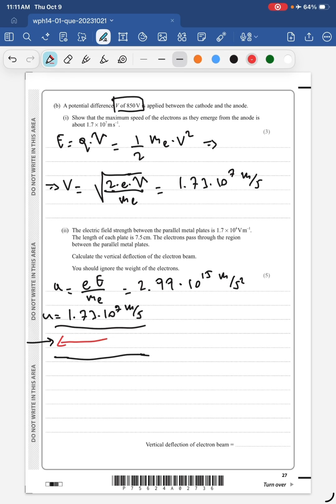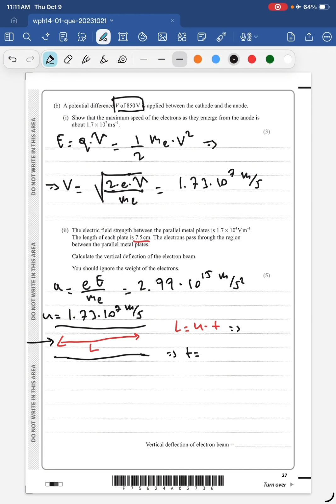So this length will be equal to u times t, but the length is given to us as 7.5 centimeters, right? So we can solve for t to find for how long the electrons were inside these metal plates.